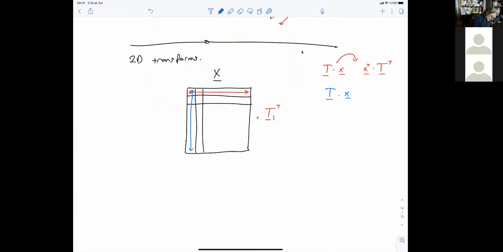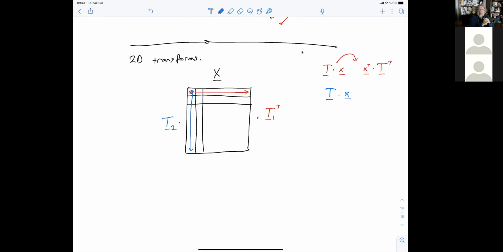I will multiply from the left-hand side with the transformation T2. T1 is processing along the rows, T2 is processing along the columns. But typically T1 is the same as T2. I mean, we apply the same transform.